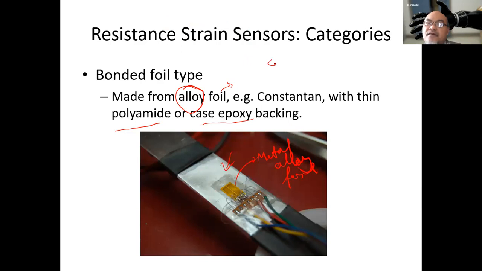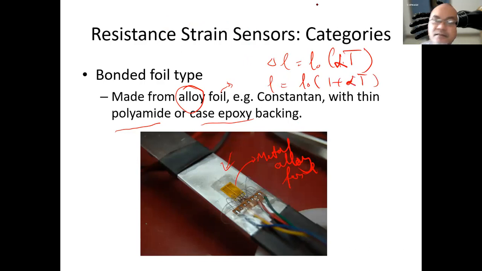So delta L equals L0 alpha delta T, so L equals L0 (1 plus alpha delta T). Here the thermal expansion coefficient is indicated by alpha.